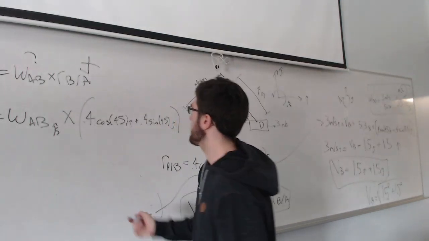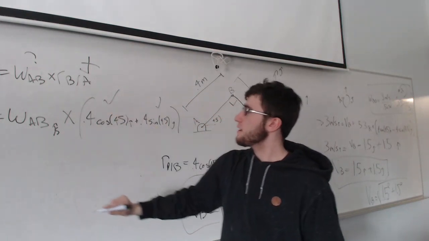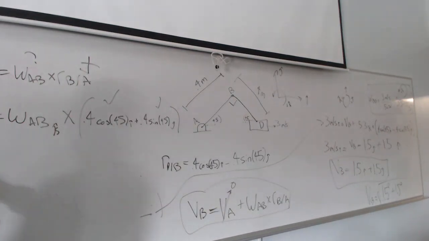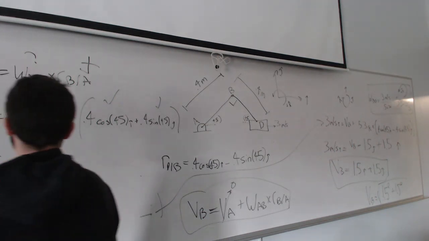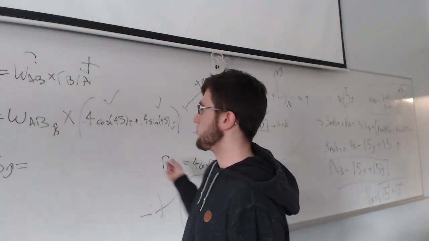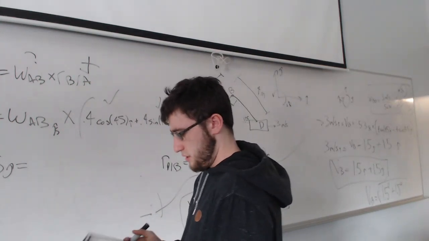So you have that. This again is now 1.5 in the I plus 1.5 in the J, equal to this cross product.